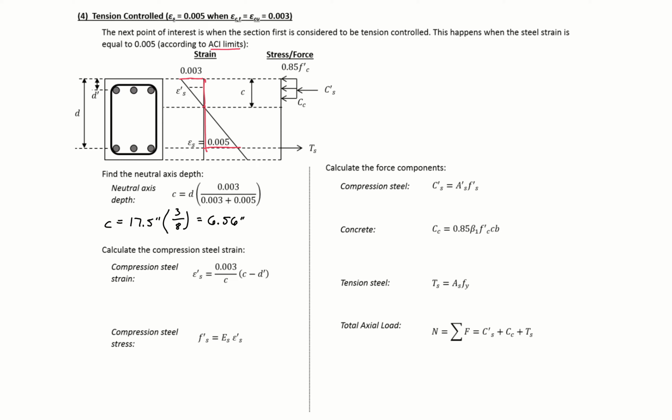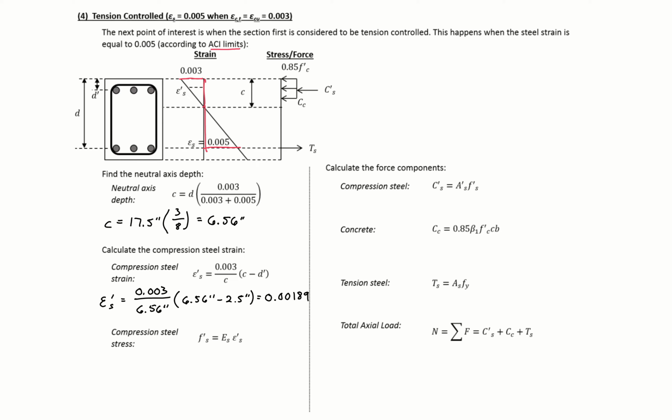We can then use this C to find our compression steel strain. So our epsilon S prime is equal to 0.003 divided by 6.56 times 6.56 minus 2.5 will give us a strain here of 0.00189.